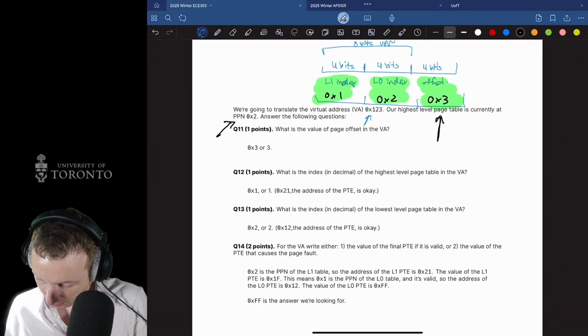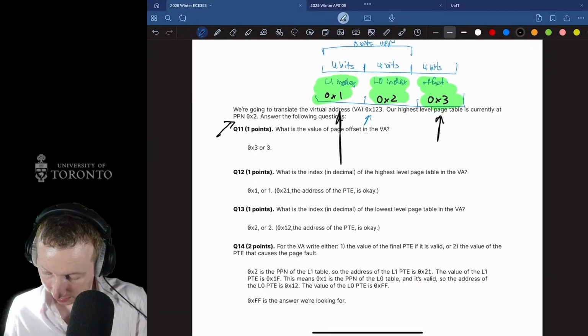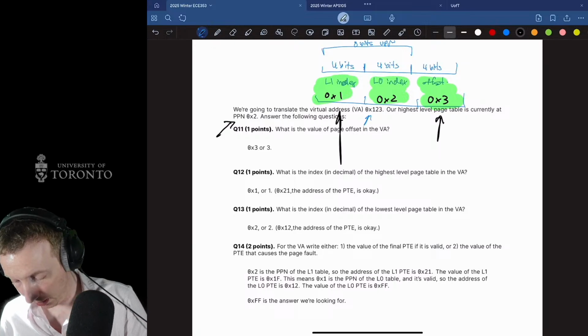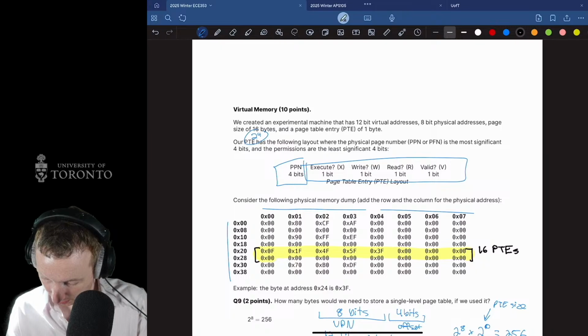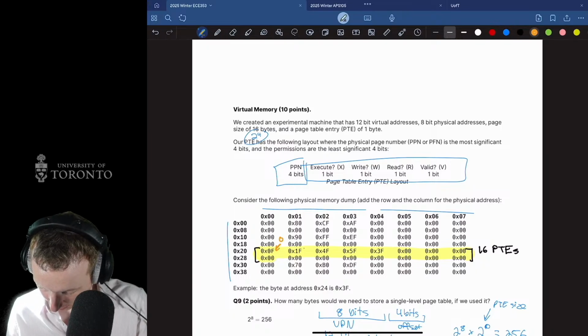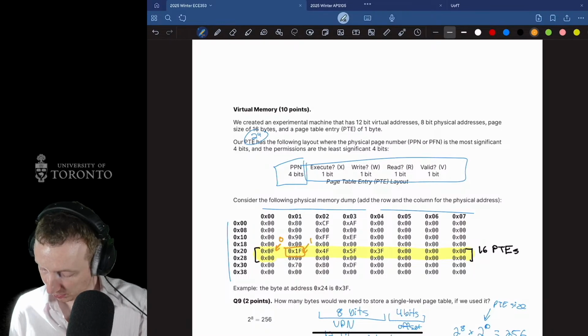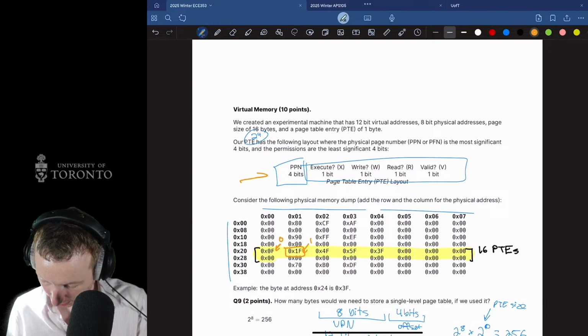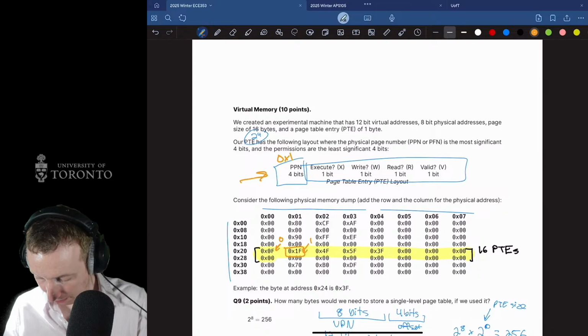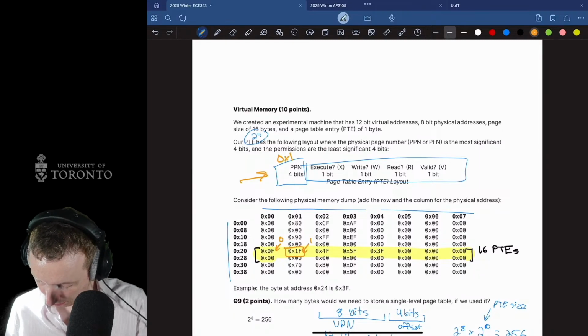So our index that tells us where to go, for this L1 page table, is 1. So we would go over, this is index 0, this is index 1. So this would be our page table entry here. Our page table entry would have 1F, and knowing our layout, the 1 means the ppn would be 1, and F is just 111, so they would all be valid.